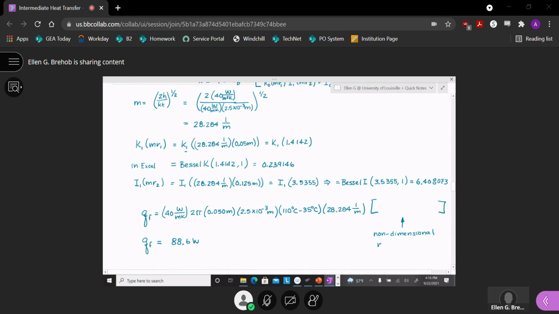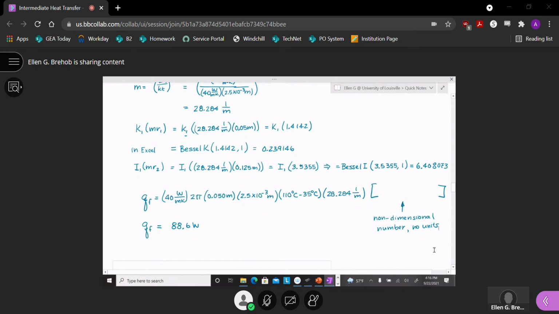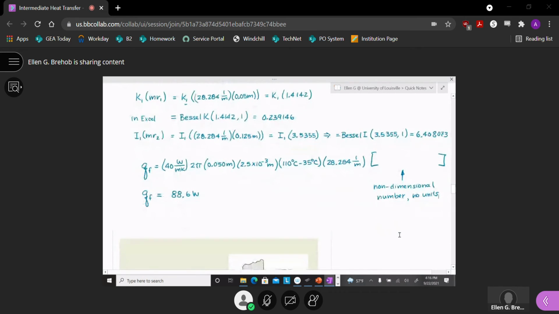So no units assigned to it. And you could think that through since it's a ratio. Okay. We've seen an example of a radial fin and chunked in all the numbers for these modified Bessel functions.